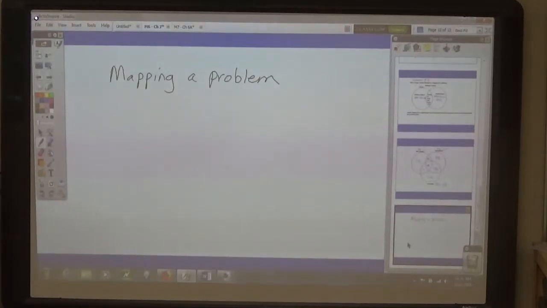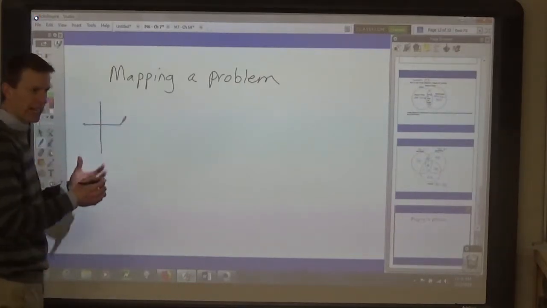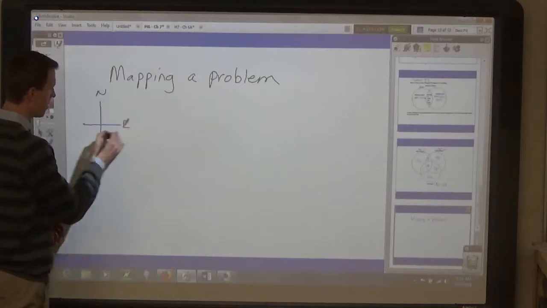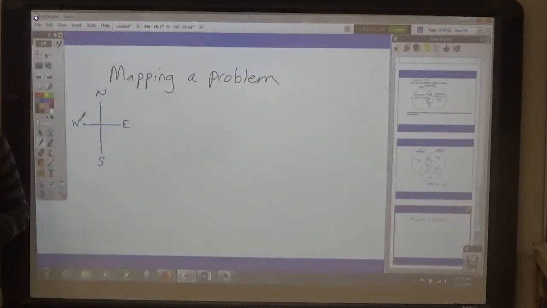So, for example, on page 212, it says some problems show direction and distance, and you should draw it out, like creating a sketch of a map, using north and south and east and west, and then labeling how far you're going for each one.